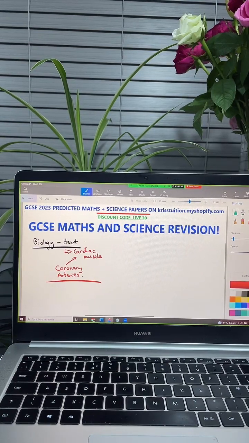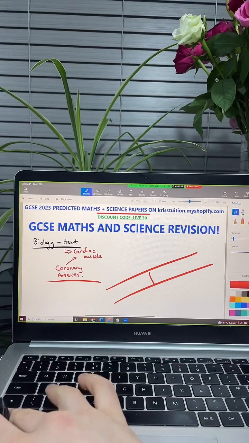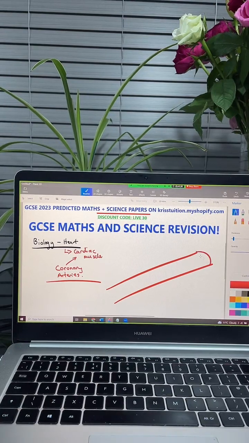So imagine this is how a coronary artery looks, right? There's the coronary artery. You can see there's the lumen, and the blood passes through these coronary arteries going towards the heart. Now, if we have coronary heart disease, CHD, what happens is fatty material begins to build up inside.